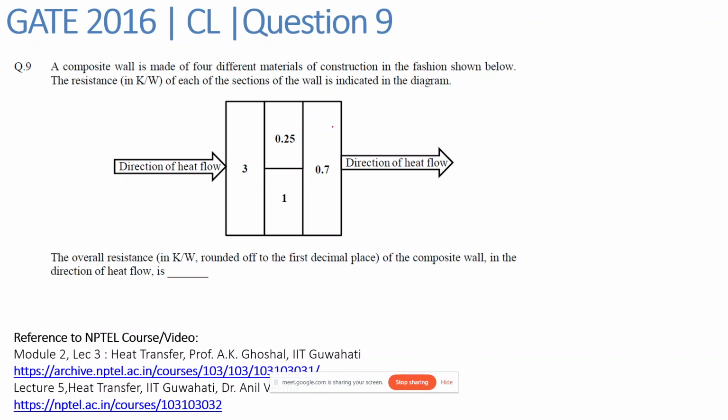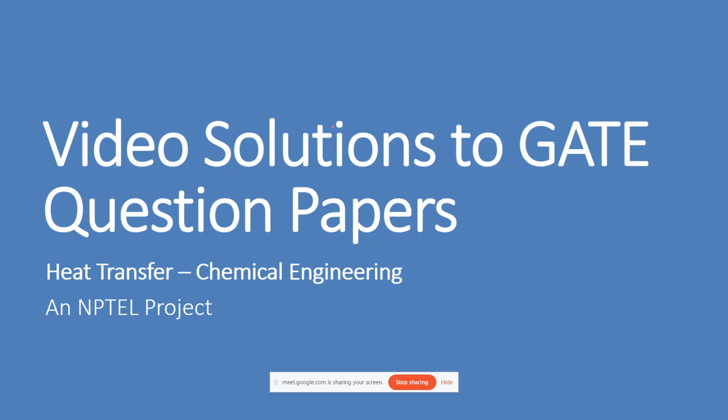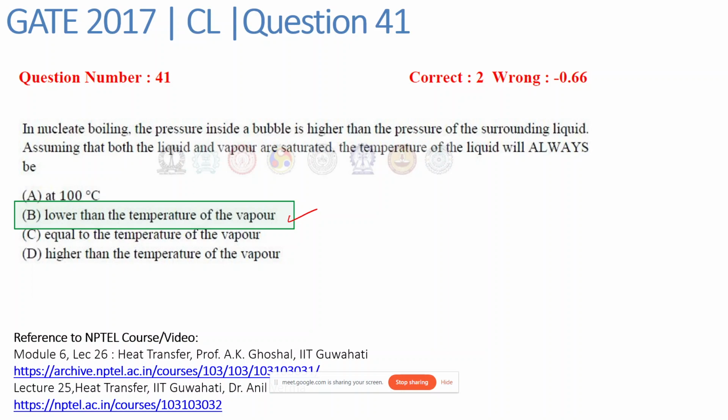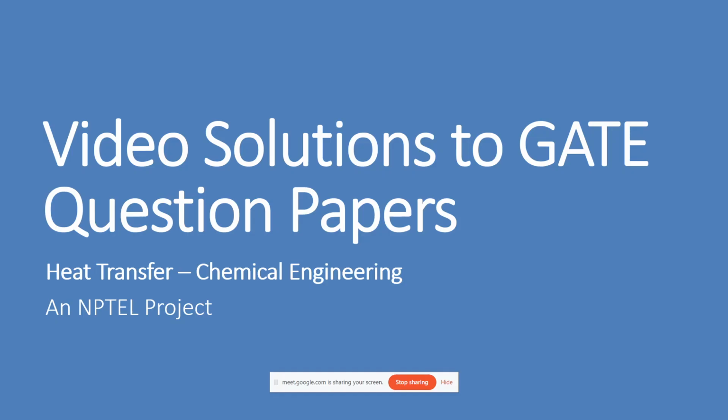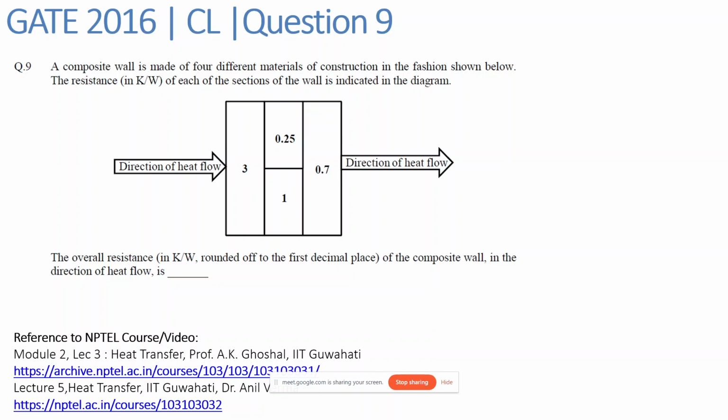If you have any doubt in this previous question, you can ask, or else we can move on to the next question, that is question number 9 of GATE 2016 paper. I guess we can move on to the next question.